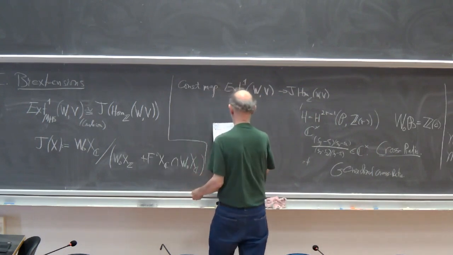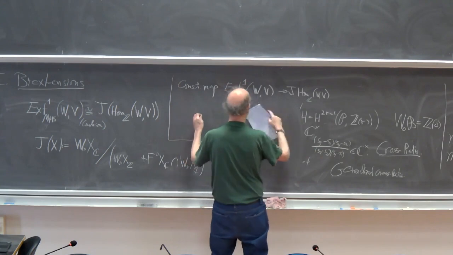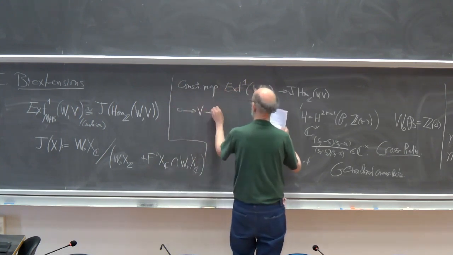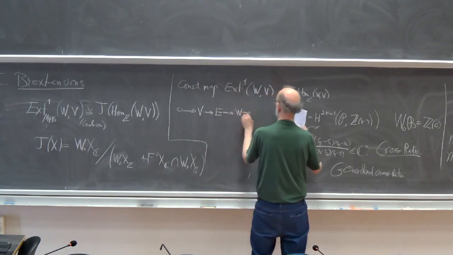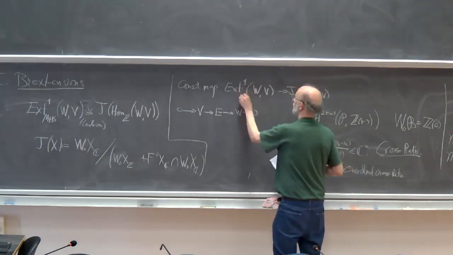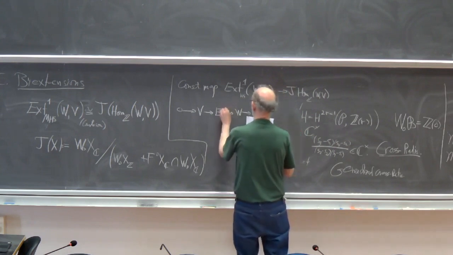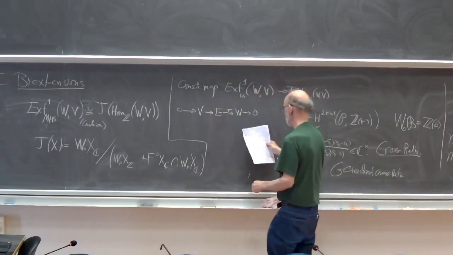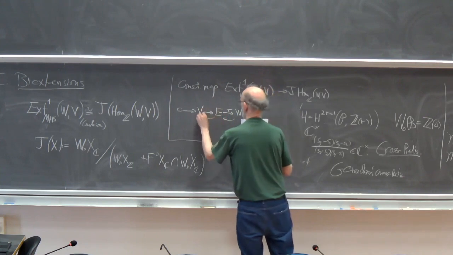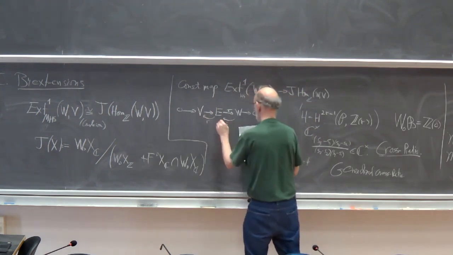So if we have an element in Ext1, that's 0 goes to V, goes to E, goes to W, goes to 0. This is in Hodge structures. If I call this map pi, then what we do is we cook up maps backwards, like that and like that. Call this one R, this one S.